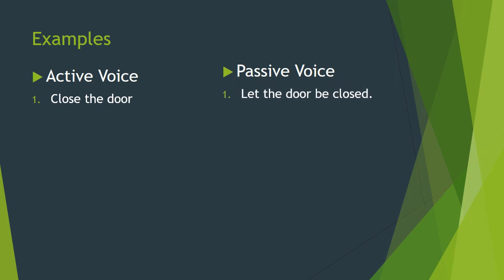In passive voice, it is changed to: let the door be closed, according to the structure. Now the second statement: may God bless you. In passive, it is changed to: may you be blessed. Here by God is not mentioned because it is understood.